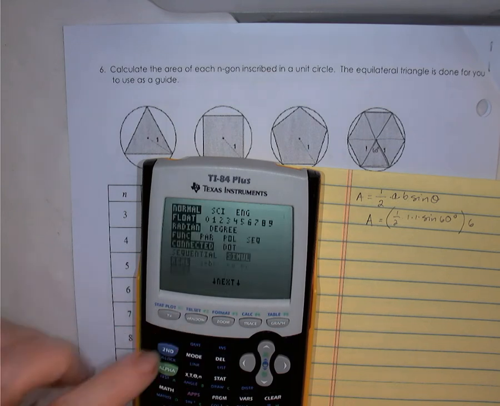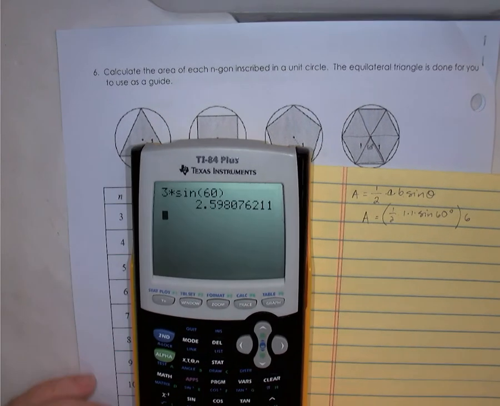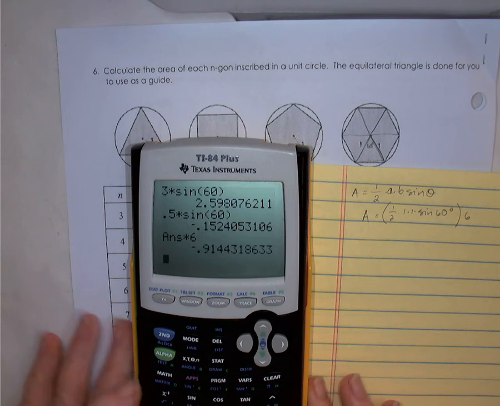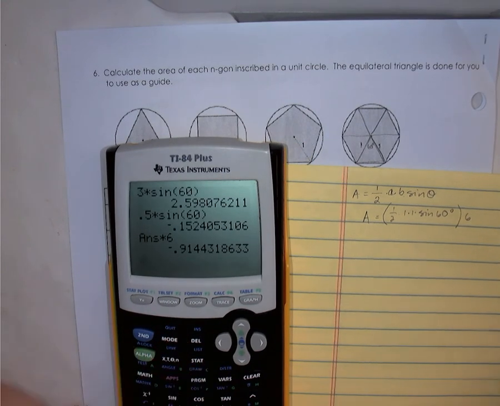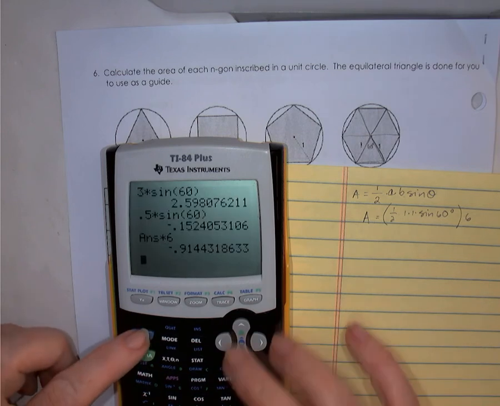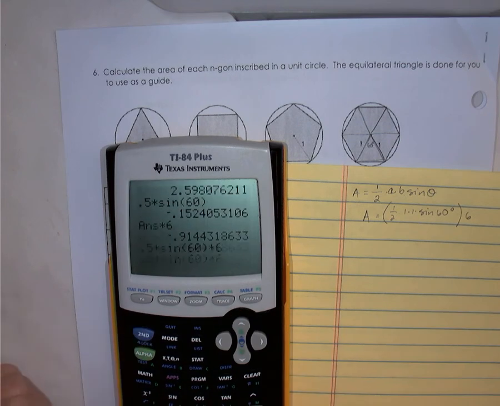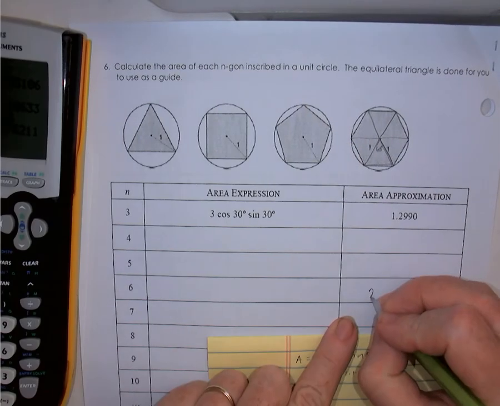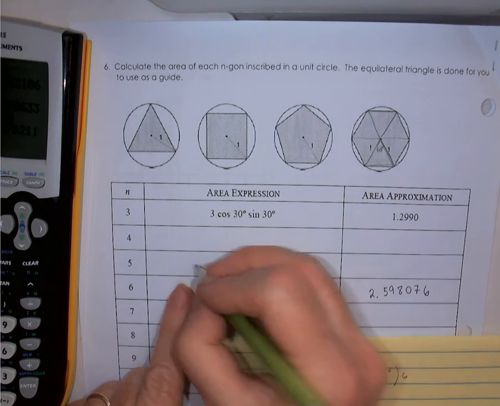So 0.5 times sine of 60, times 6, gives us an area of 2.5980076 for 6 sides.